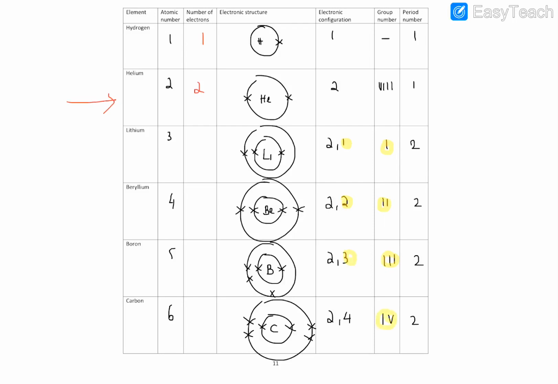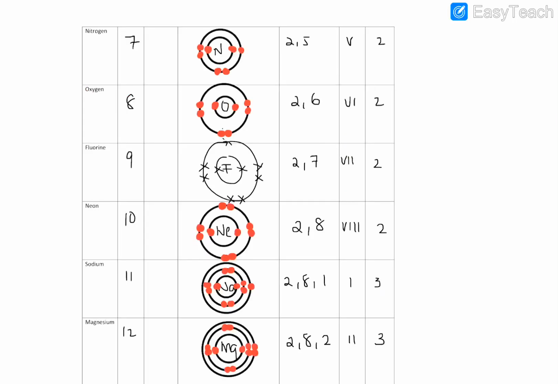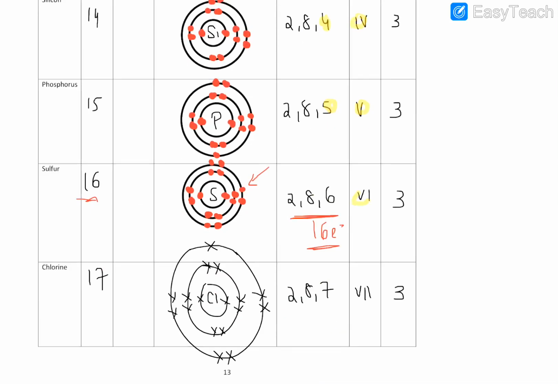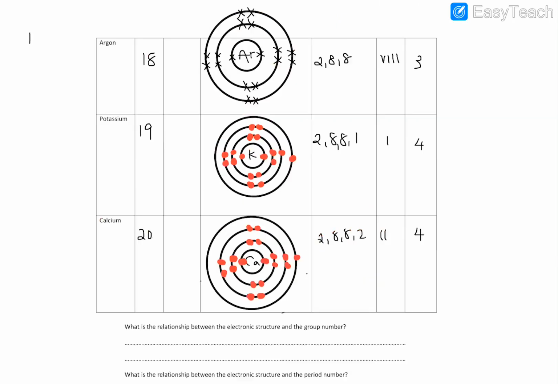Group 4, it ends with 4. Group 5, it ends with 5. Group 6, 7, 8. Again, group 1. So whatever group number the element is found in, it's going to contain that number of electrons in its outermost shell, and then the inner shells are going to be all completely filled.